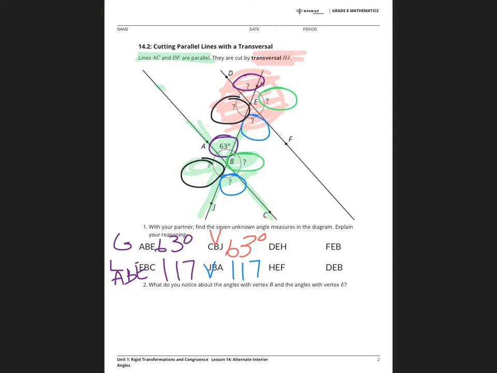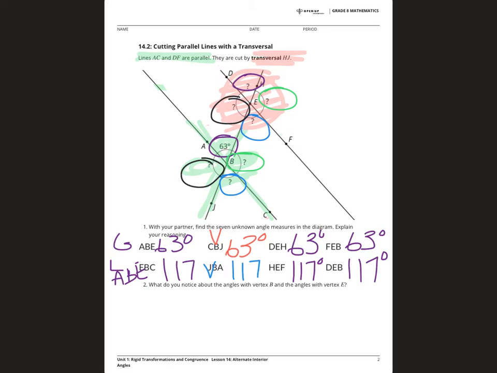So you should be able to fill all of those in now. So DEH was 63 degrees, and HEF was 117 degrees. FEB was 63 degrees, and DEB was 117 degrees.